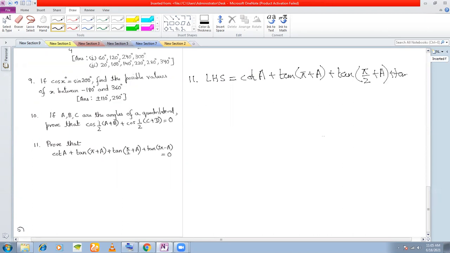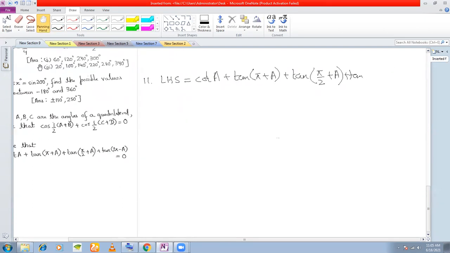Plus tan(2 pi minus A). We write cot A as it is, and we try to express pi as a multiple of pi by 2.